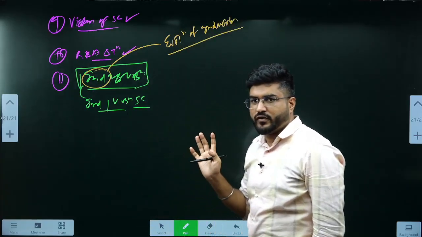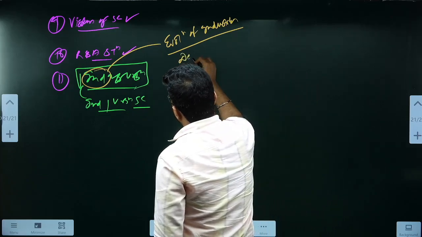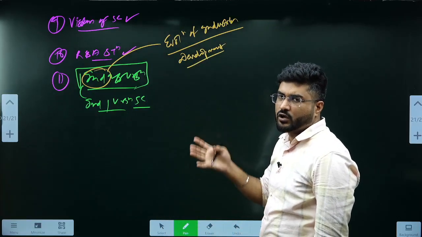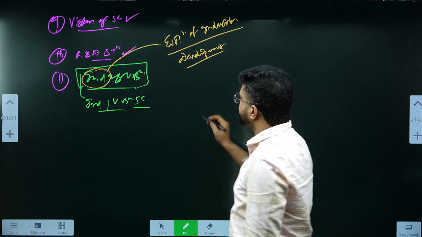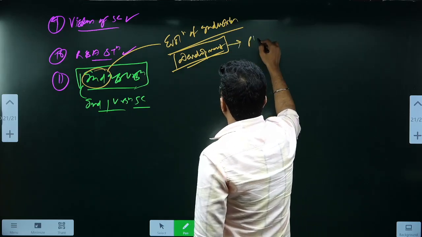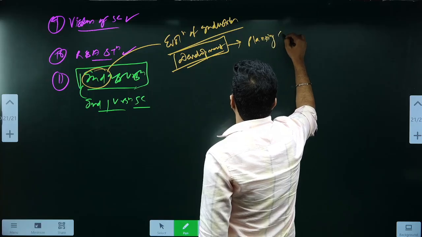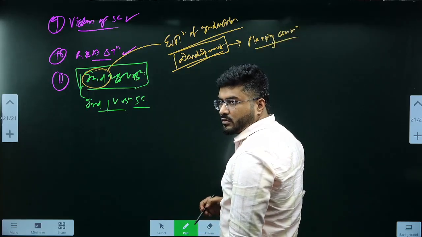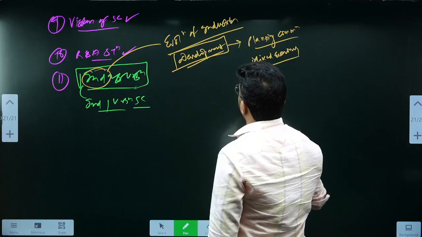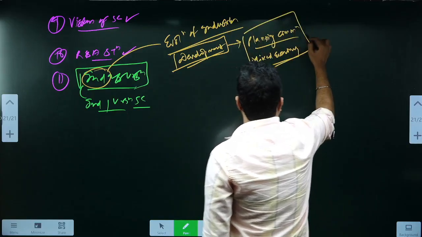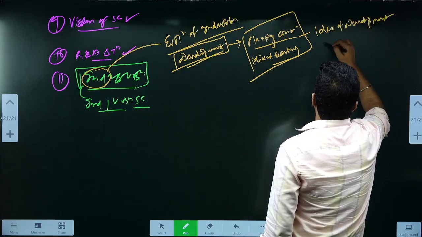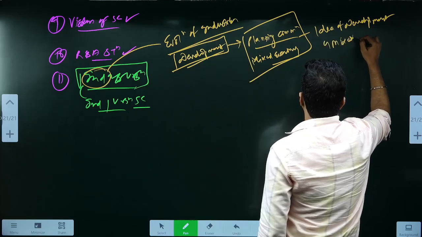When I talk about evolution of industries, that means whatever development approach we have or had related to industrial development, we will be talking about that. India's development approach was based on the Planning Commission and it was focused on a mixed economy. That means India's idea of development is based on a mixed economy.